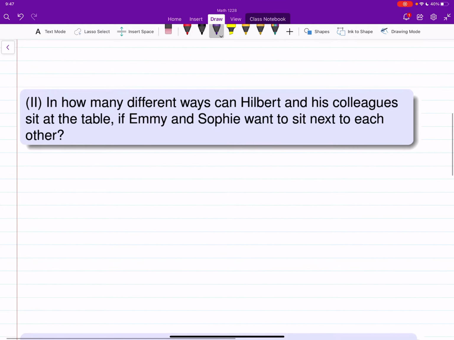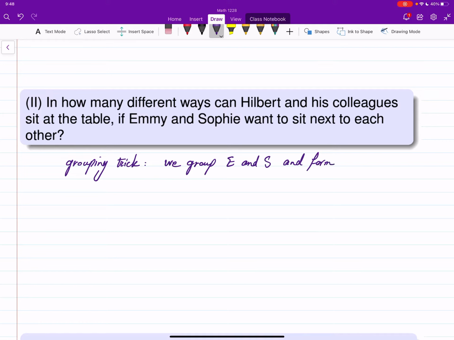What if, in how many ways can Hilbert and his colleagues sit at the table if Emmy and Sophie want to sit next to each other? So what should we do here? Sitting next to each other, remember the trick we had. So we use the grouping trick. We group Emmy and Sophie and form one group of 2, yes?